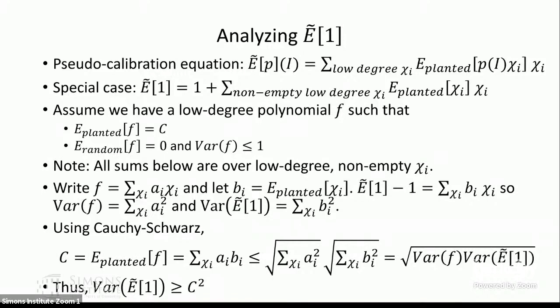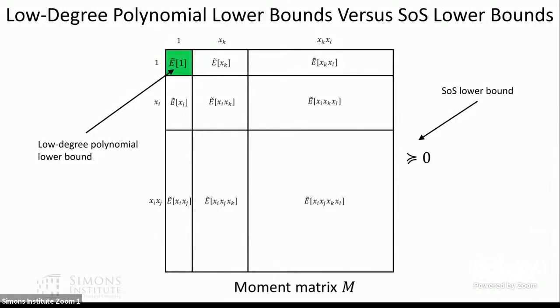Okay, so here's a picture for how low degree polynomial lower bounds are related to sum of squares lower bounds proved using pseudo-calibration. The low degree polynomial lower bounds correspond to checking that the particular entry, the pseudo-expectation value of 1, is well behaved, whereas for sum of squares lower bounds, we have to show that the entire matrix is PSD with high probability.